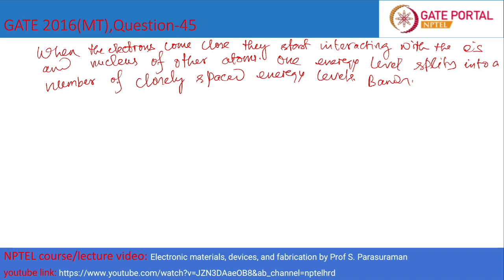Suppose, for example, this is our 2s1 energy level when the atom is isolated. Here in this axis we will have energy, and in this axis we have interatomic separation.